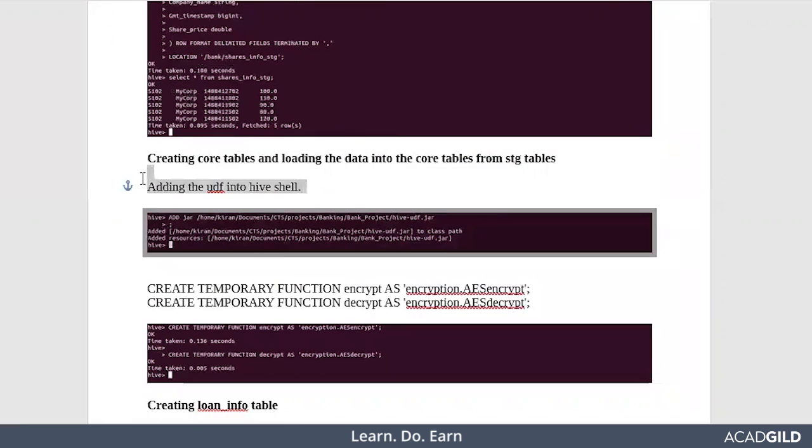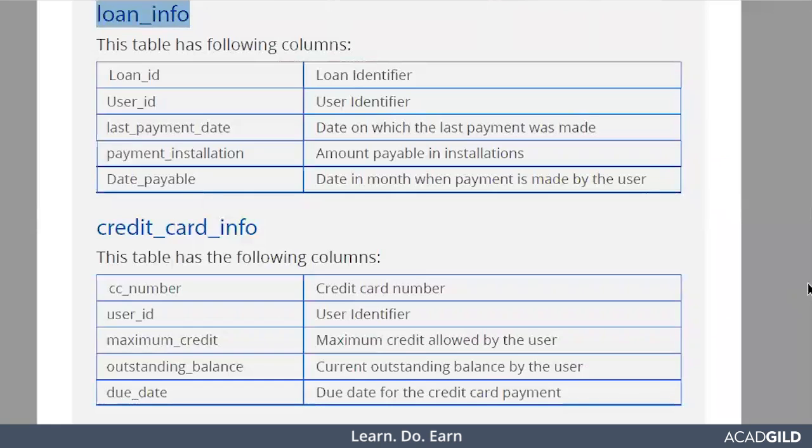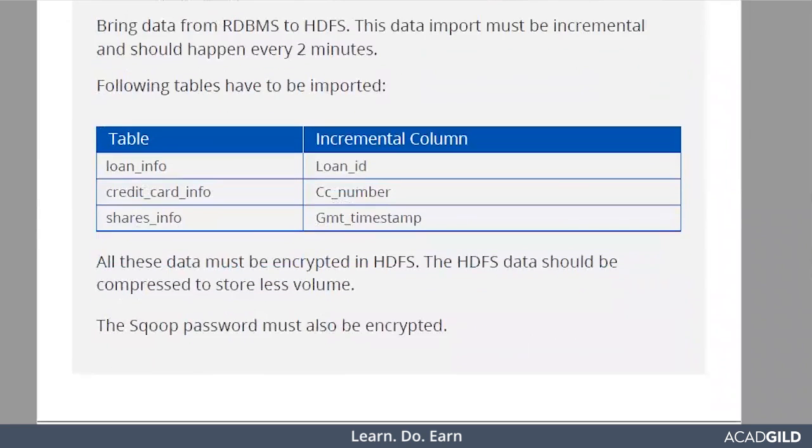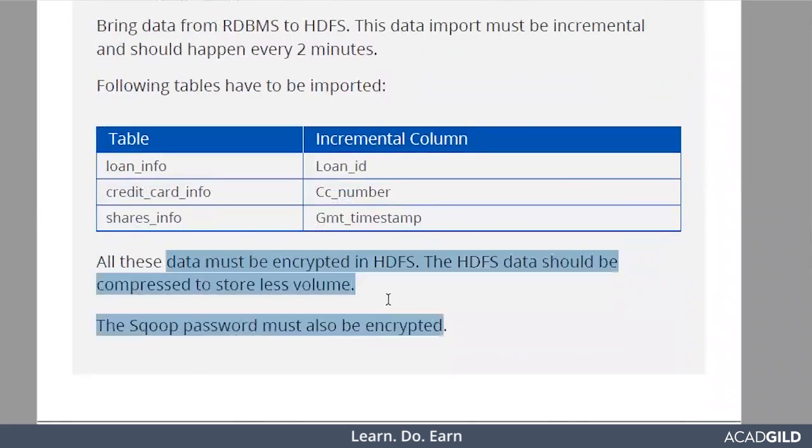So what exactly this means is, as of now, we have created three external tables. Now we will be creating three more tables, and in those tables, we will load the data from the staging tables, but while loading, we will encrypt the data, as our project requirement said that the data must be encrypted.